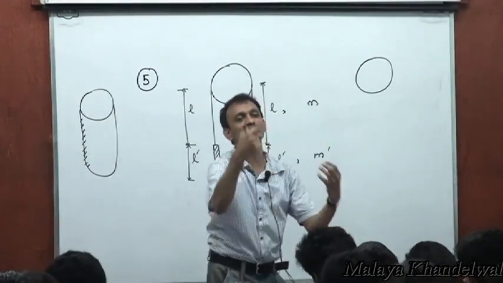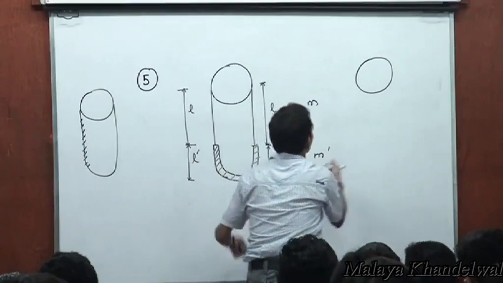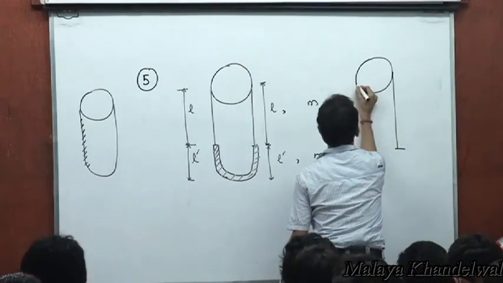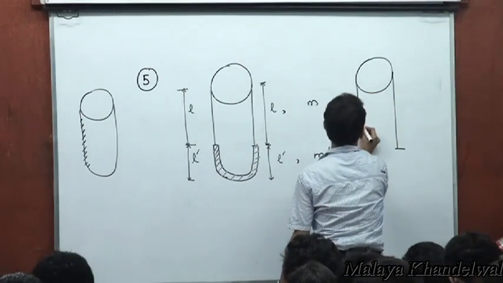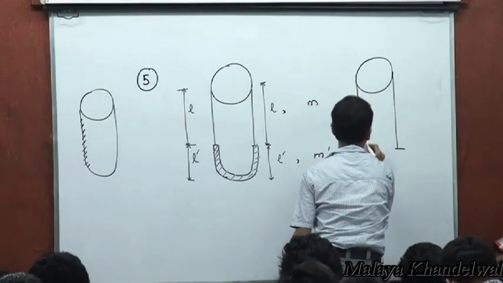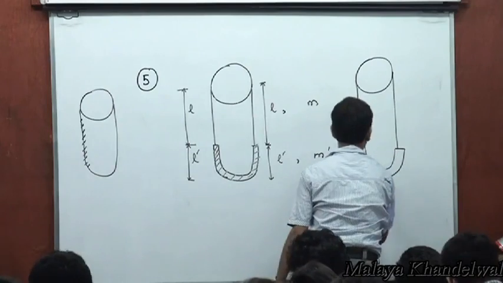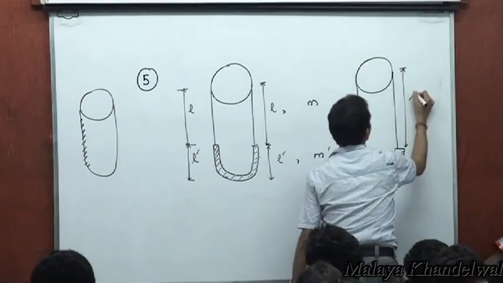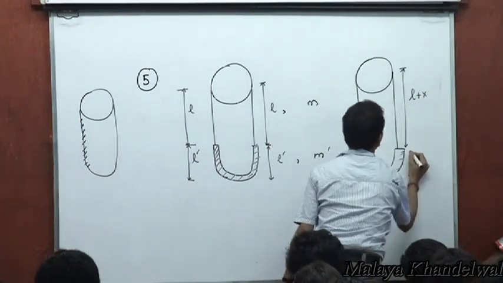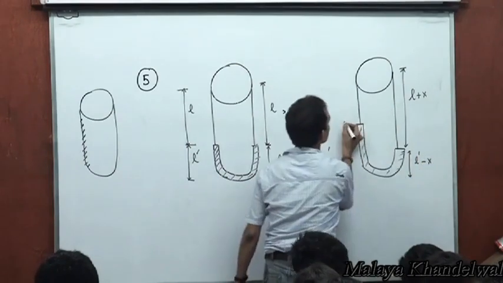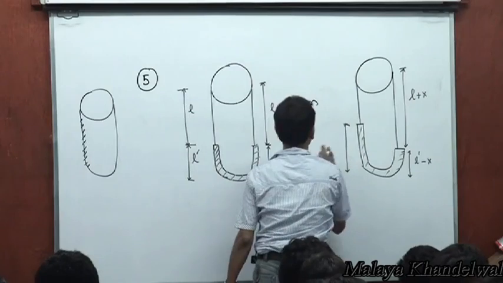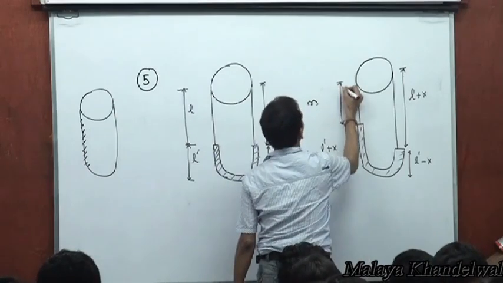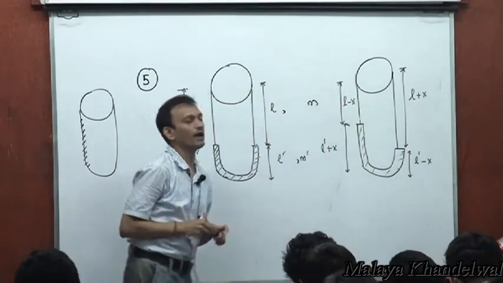So in the new state, having disturbed it x units downwards, I have L plus x, L prime minus x, L prime plus x, and L minus x, right?